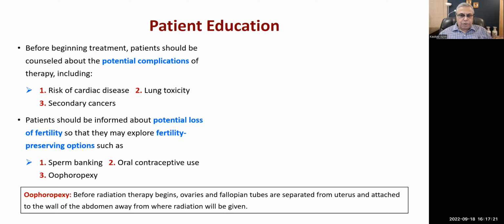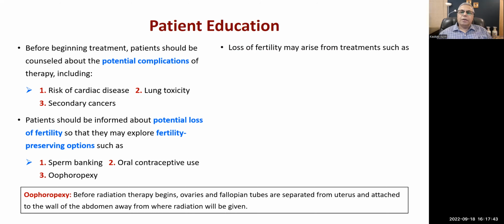If you have lymphomas in the inguinal region, then obviously you have to give radiation over there, and radiation therapy is an important part of treatment in Hodgkin lymphoma. So that is what you're doing before you start radiation therapy. You separate them from the uterus and you attach them to the abdominal wall on one side.